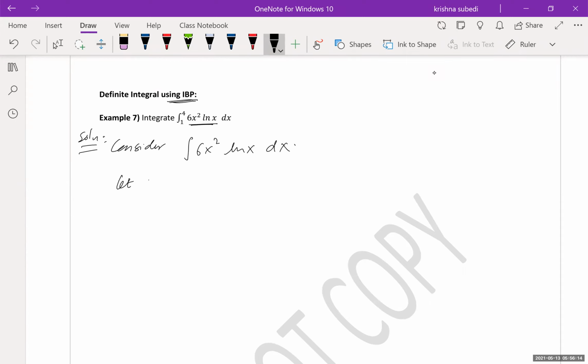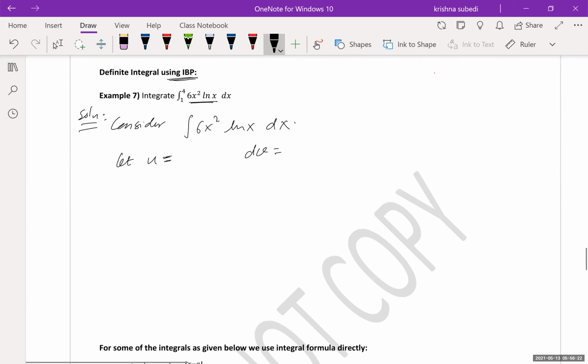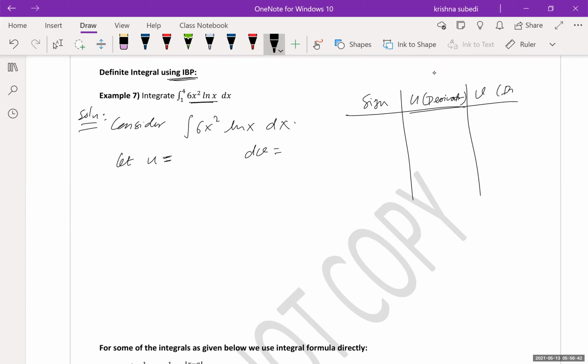Now, you can come up with what factors will be u and what factors will be dv, and then put this in your table. Forget about the definite integral at this time. Just evaluate the indefinite integral. Here your u, which means derivative, and here v, which means integration.